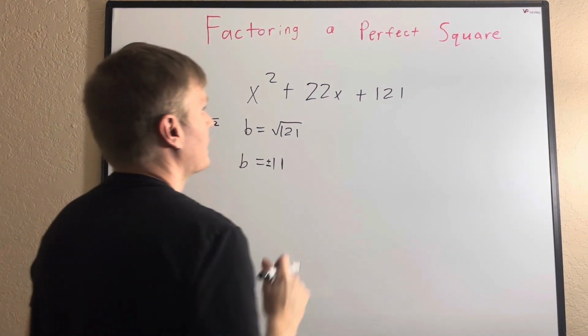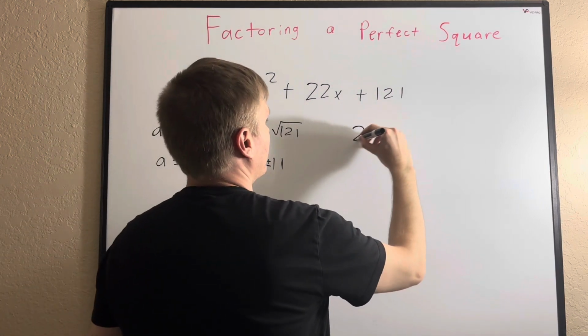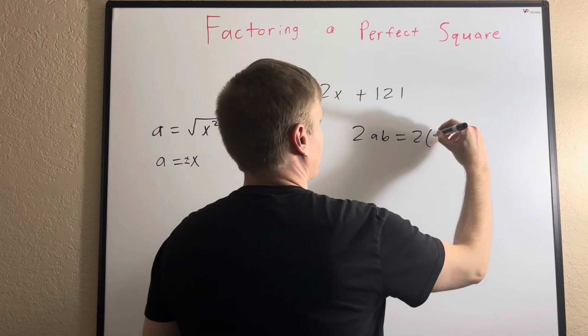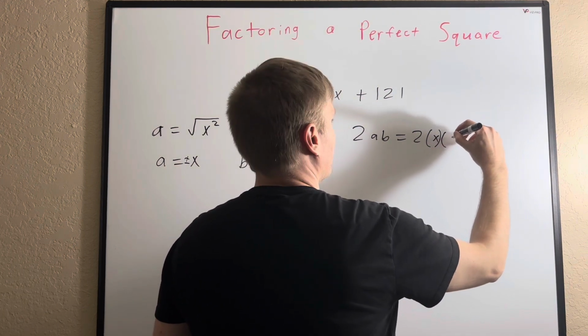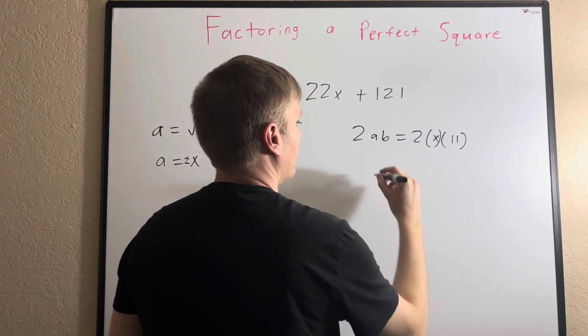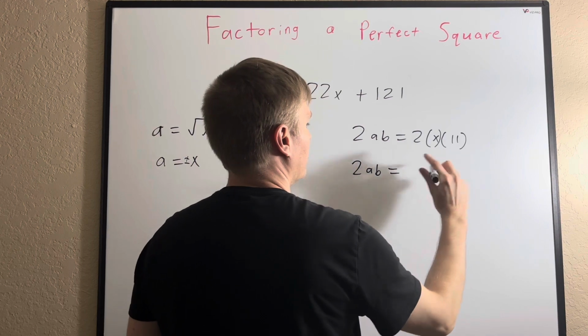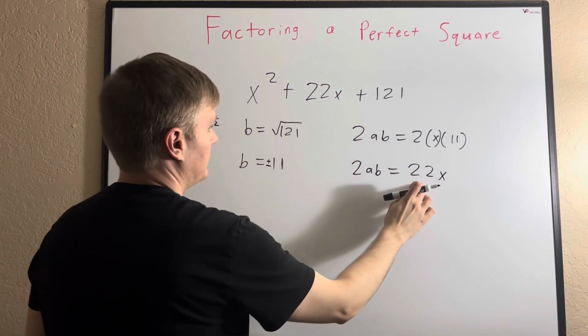Now we've got to check to see if this middle part is 2ab. 2 times x times 11. 2ab, 2 times 11, 22x. Positive 22x, positive 22x.